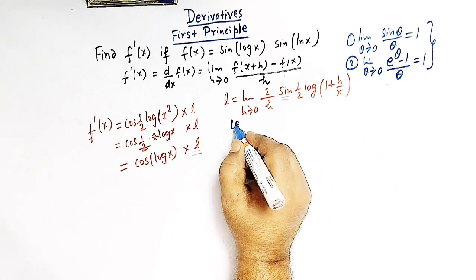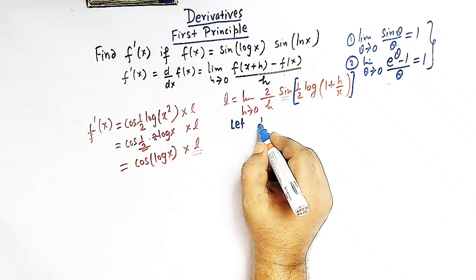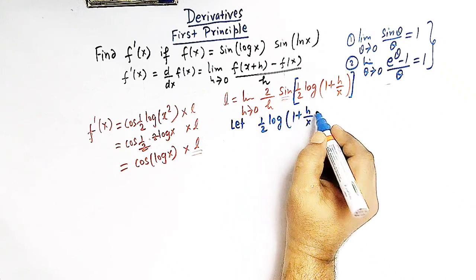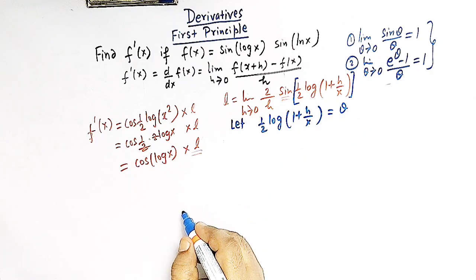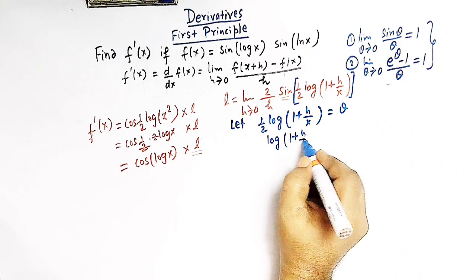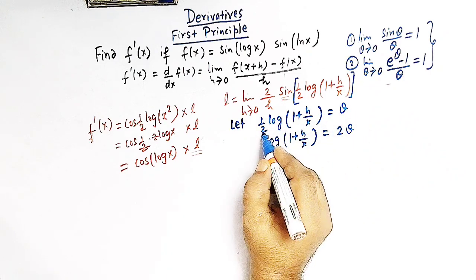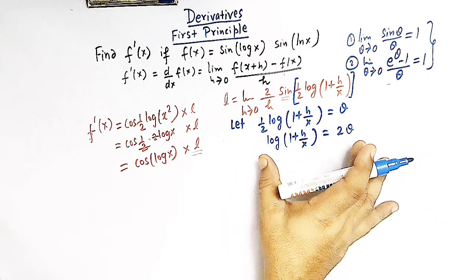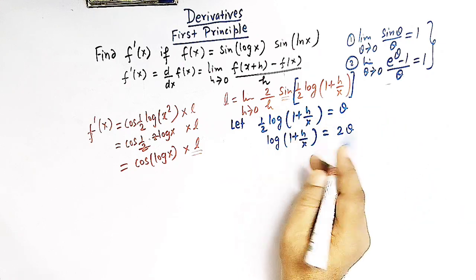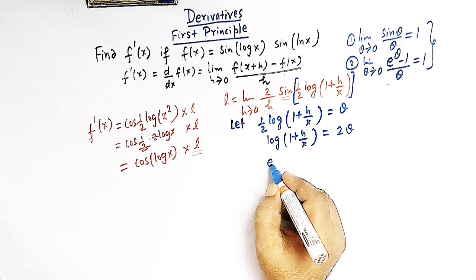So let us substitute here this term, that is half log of 1 plus h over x, as theta, right? So we can now write log 1 plus h over x is equal to 2 times theta. So multiplying theta with this 2. Now we can express this equation in the form of exponential equation by raising these two terms to the exponent of e.